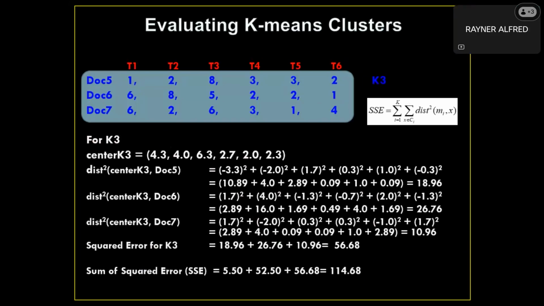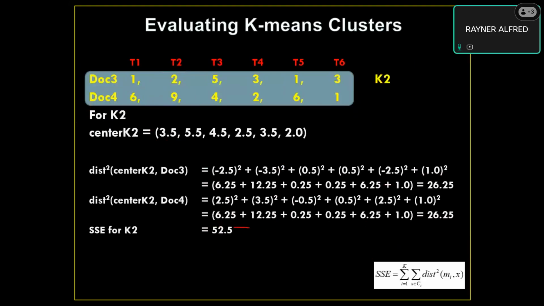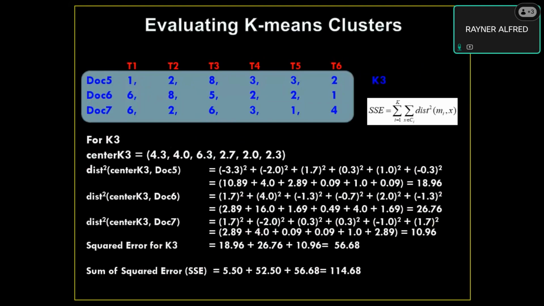Once you get all this, cluster number 1 is 5.5, cluster number 2 is 52.5, and then cluster number 3 is 56.68. So based on this, we are looking into the summation of all the values that we have. So this is K1, K2, and K3.